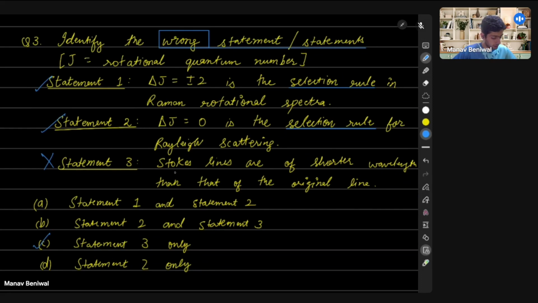They are talking about Stokes lines, right? And they are saying that the wavelength of Stokes lines is shorter than that of the original line. Okay, so if we have light coming in here of wavelength lambda, it interacts, and then the photon coming out here.